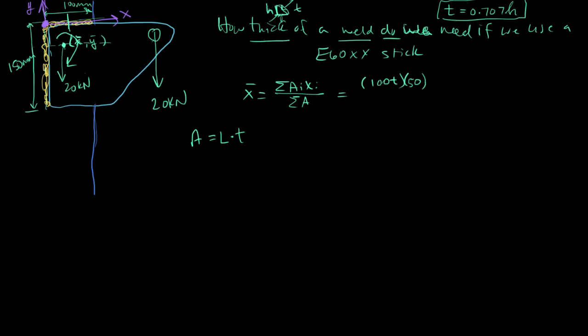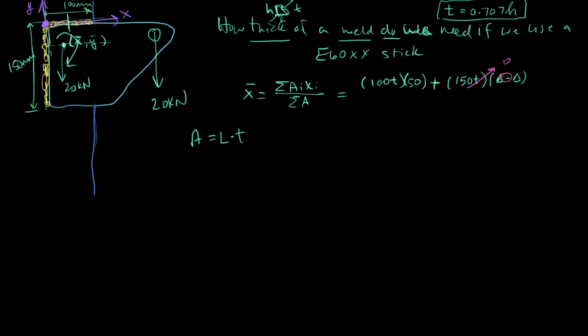And then we need to calculate the other weld, and so in that case we're going to add this weld group, which is the vertical weld group, and that's going to be 150 times T. Half the weld is going to be on the positive side of that axis, half of the weld is going to be on the negative side, so it's going to be some small delta, that's half the weld width, minus the delta, which means that this entire term just goes to 0 because this distance works out to be 0.